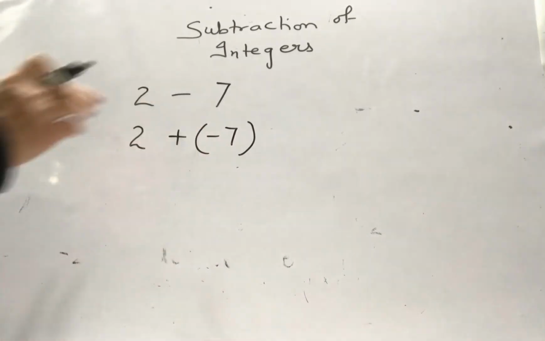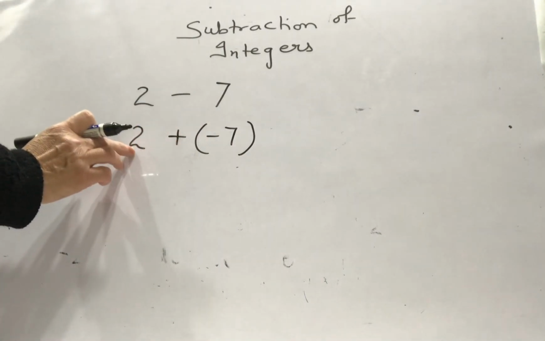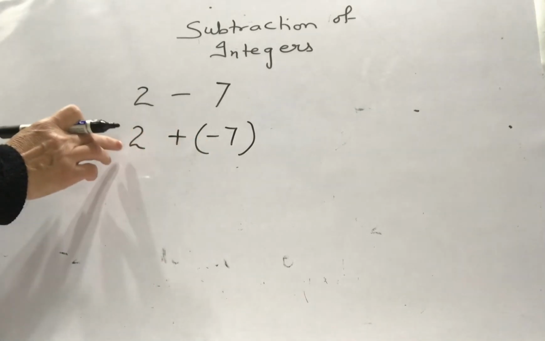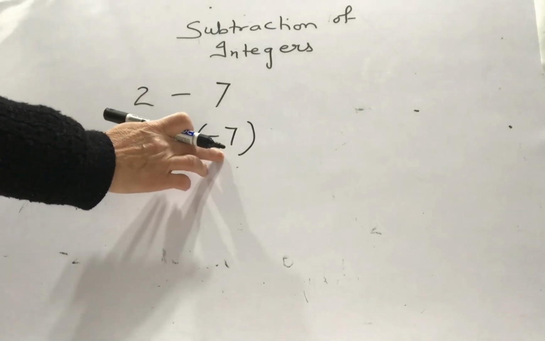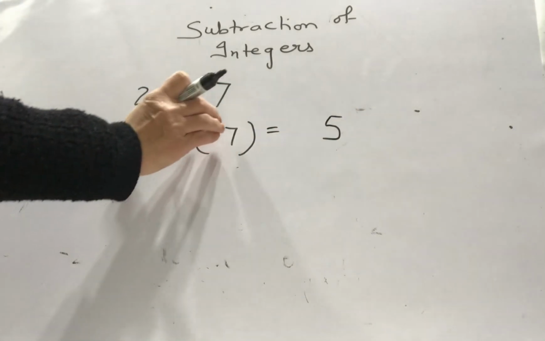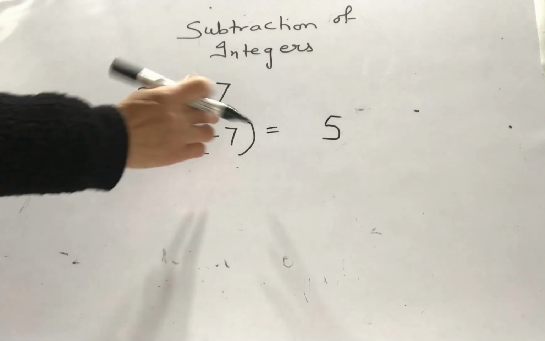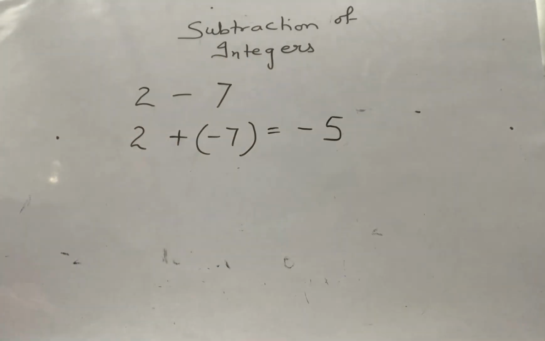Now easily you can understand, so you can put this plus sign and now you can easily do it. One positive, one negative, so subtraction, and forget the signs. 7 is bigger but it has a minus sign, so the answer will have a minus sign.